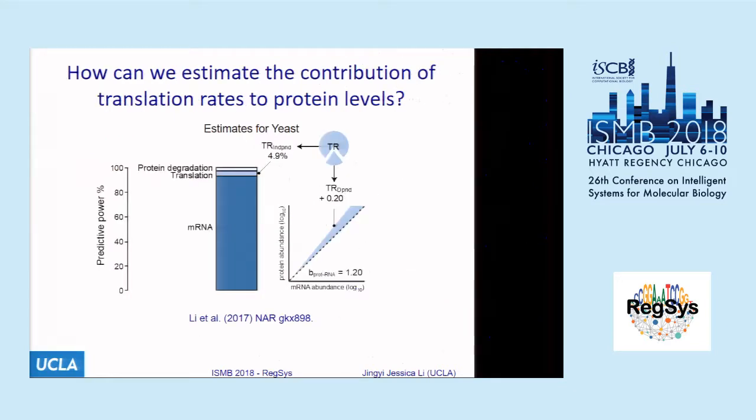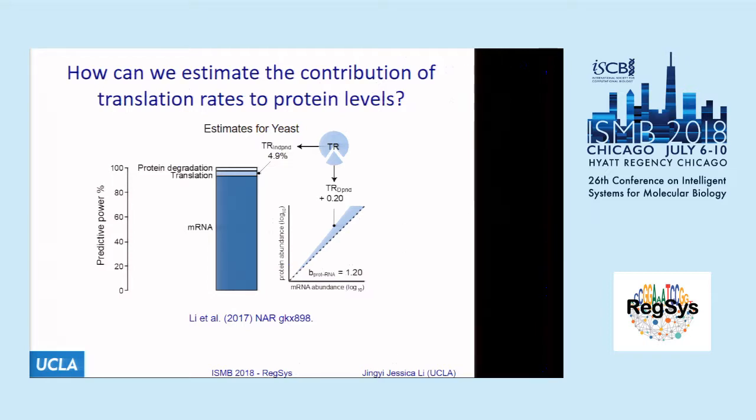All right, so with this approach, after the decomposition of the translation rate into the mRNA independent and dependent components, we have this diagram to summarize the contribution. Because the dependent component is perfectly linearly correlated with mRNA, its contribution is actually part of the mRNA contribution in terms of R squared.